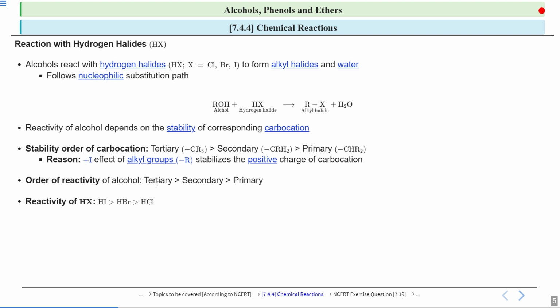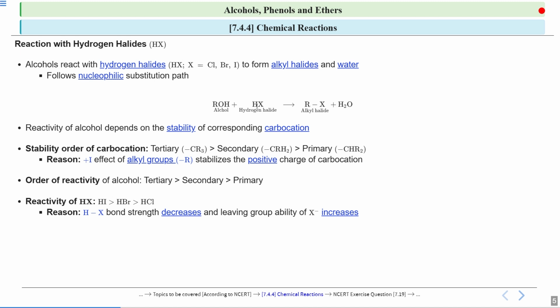So if I talk about the reactivity of HX, that is if we take different halides, that is iodine, bromine and chlorine, then we will see that as the HX bond strength decreases, the leaving ability of X minus increases. In hydrogen halide, your X has to leave. Look at this reaction.